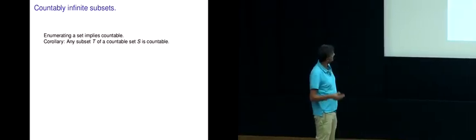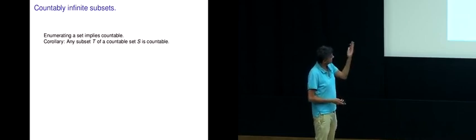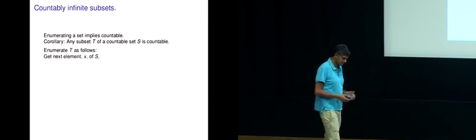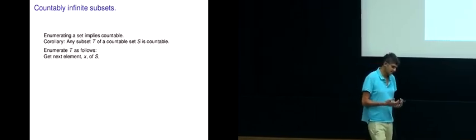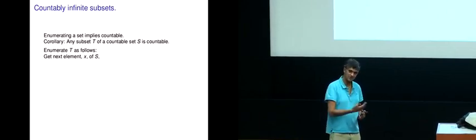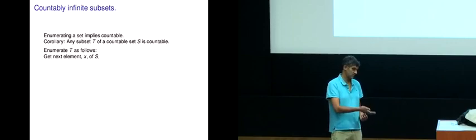Enumerating a set implies countable. Any subset T of a countable set is countable. There's another corollary. This is almost obvious. You just enumerate T as follows. You get the next element of X. What is enumeration? It's essentially a listing, or a program that gives you the next one, or some sort of action that gives you the next guy. So for each element, you tell me the next one.